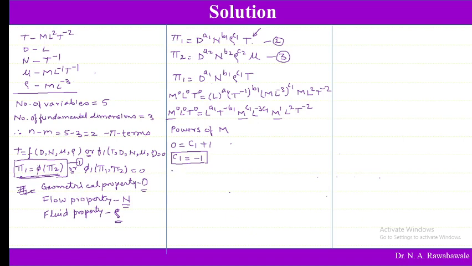Now collecting powers of T. On the left hand side, the power of T is 0, which is equal to minus b1 minus 2 on the right hand side.